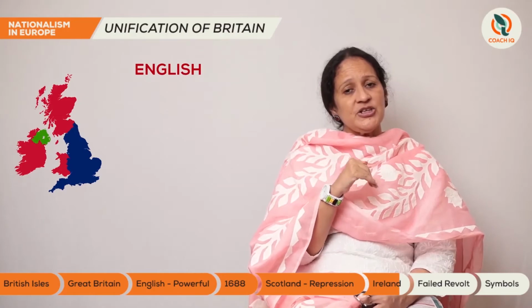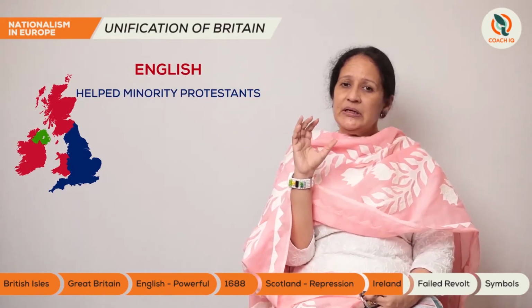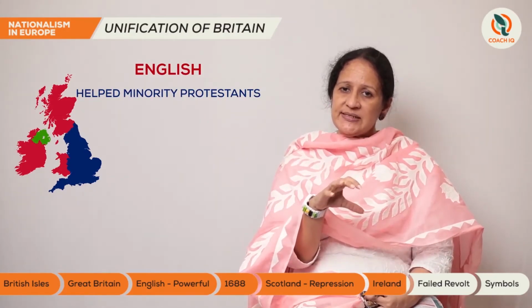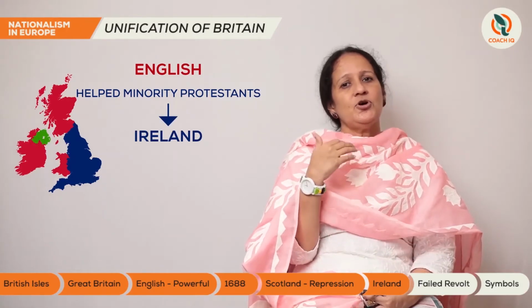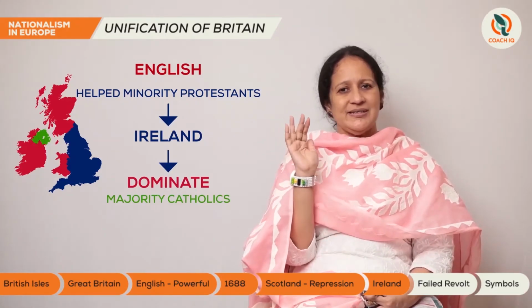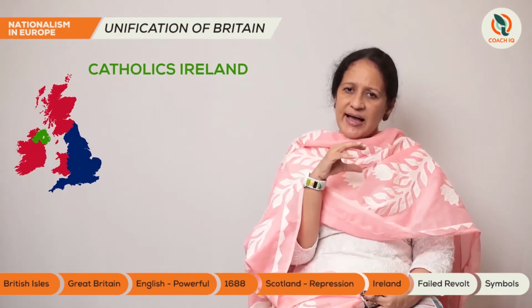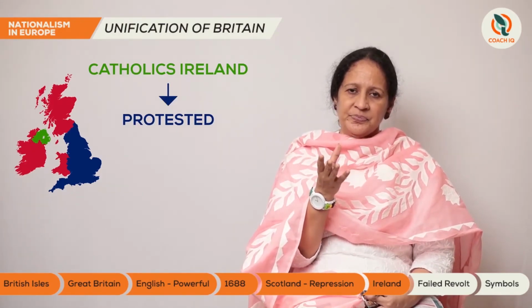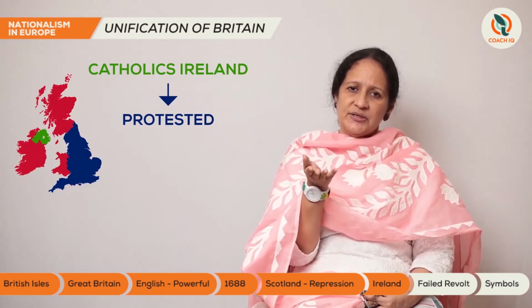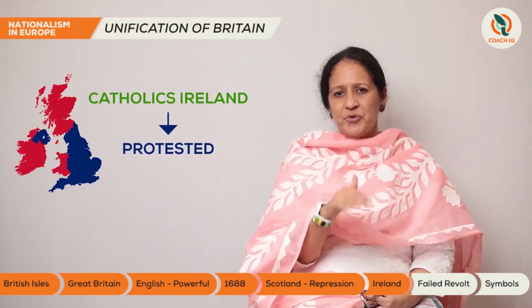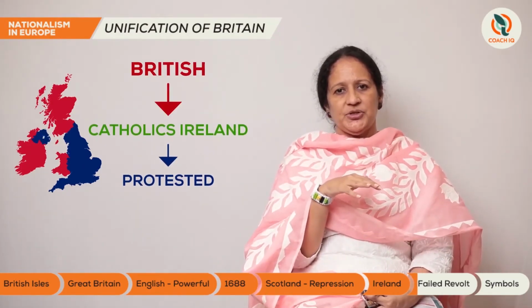But the English helped the minority Protestants of Ireland to dominate over the majority Catholics. So whenever the Catholics of Ireland protested or they revolted, it was always suppressed by the British.